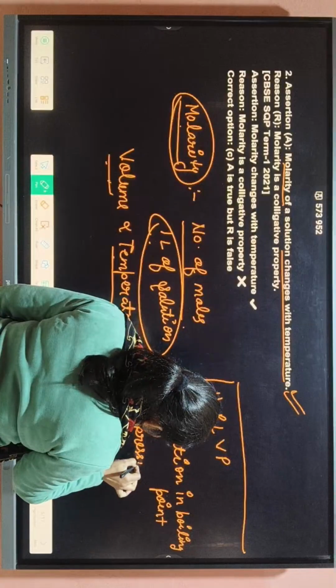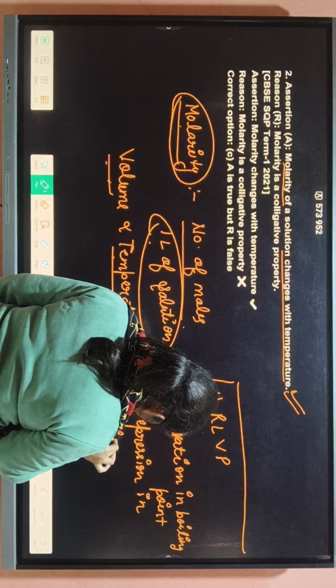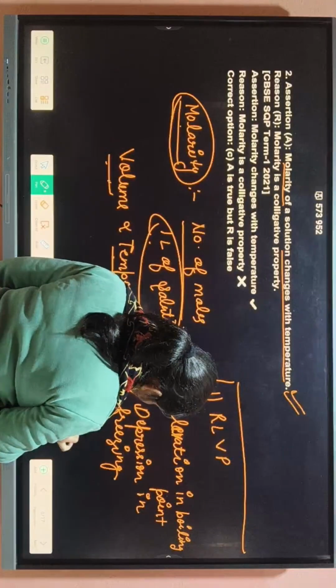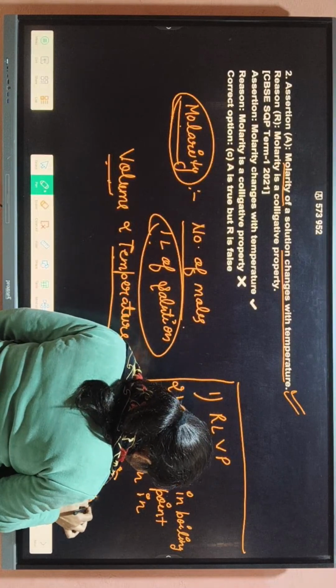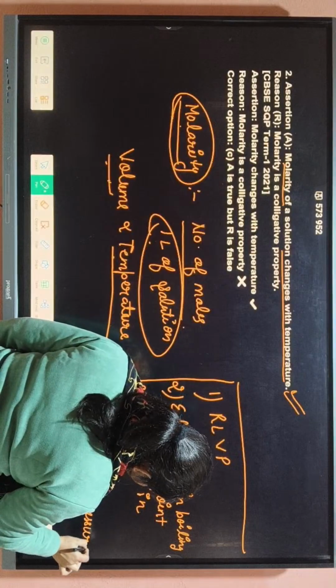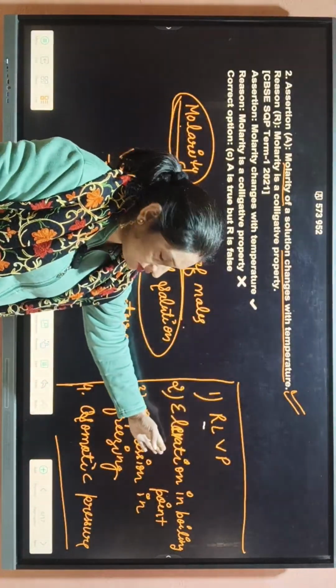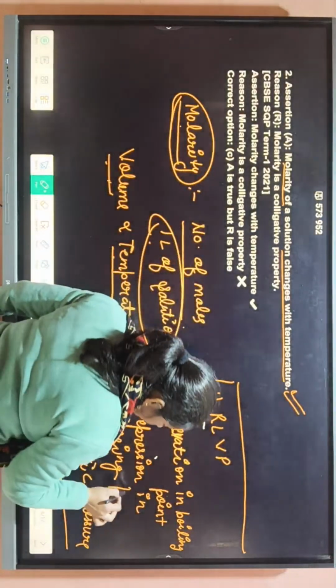And last one, that is fourth one, osmotic pressure. So students, there are only 4 types of colligative properties: relative lowering in vapor pressure, elevation in boiling point, depression in freezing point, and osmotic pressure.